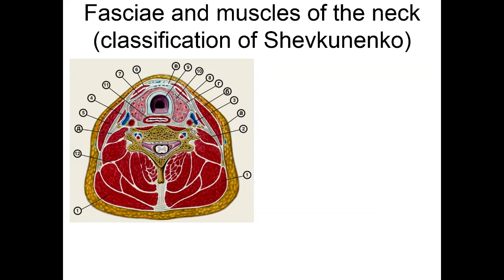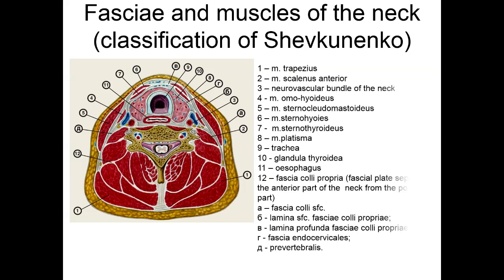To try to understand this information in detail, we should distinguish, in such a transversal section of the neck, each of the 5 fascias, and distinguish all the muscles. So I use this list of terms.